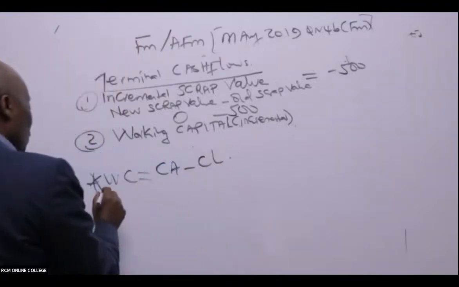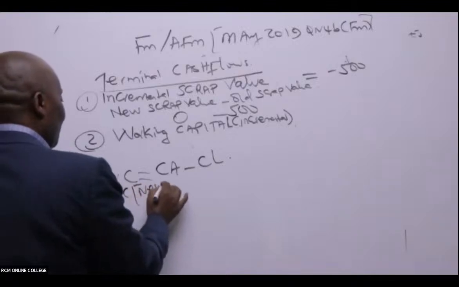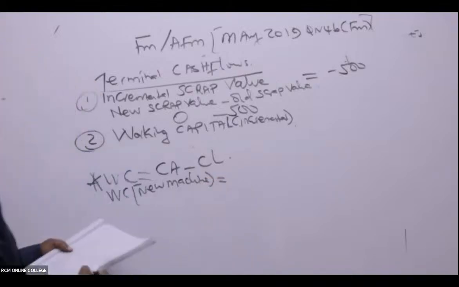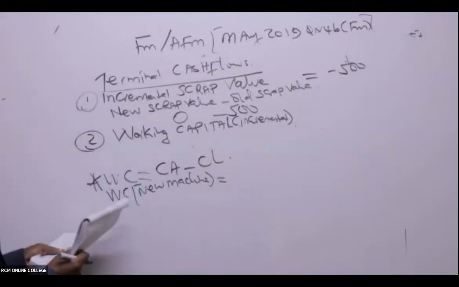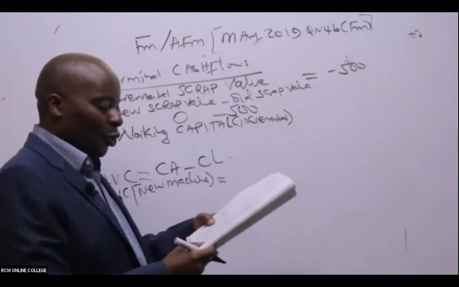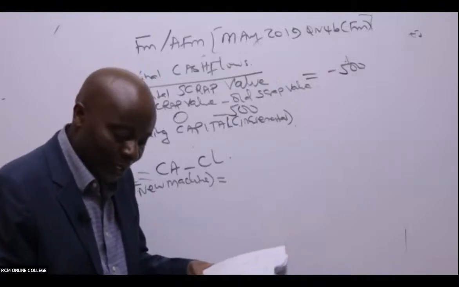So are you able to give me the working capital for the new machine? In this case, they have given me two current assets. I can see in paragraph 3, they have told me the debtors. You see, debtors are current assets.